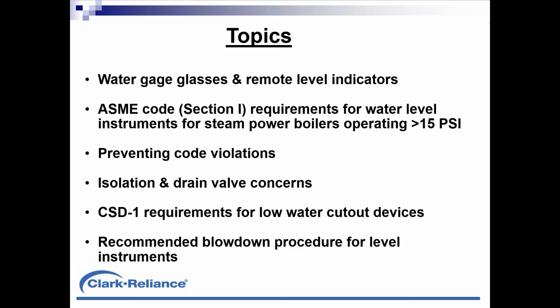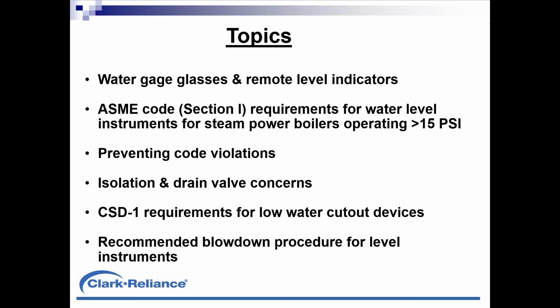We'll touch on those with a slide or two. Preventing code violations, the specific requirements for isolation and drain valves, CSD1 requirements as they apply to low water cutouts. Also, a recommended blowdown procedure, which we contributed to the ASME boiler code, and there's even a reference to Clark-Reliance contributing this blowdown procedure that is in Section 7 of the code.